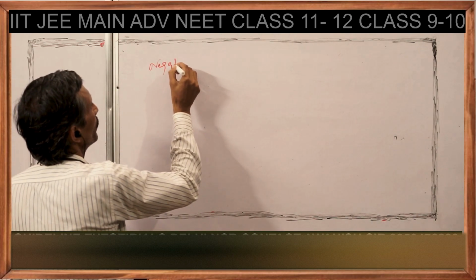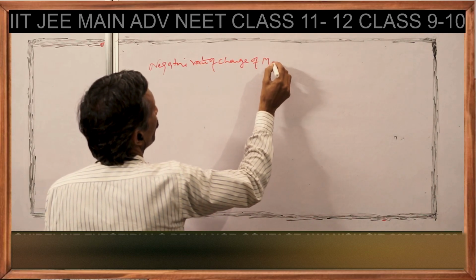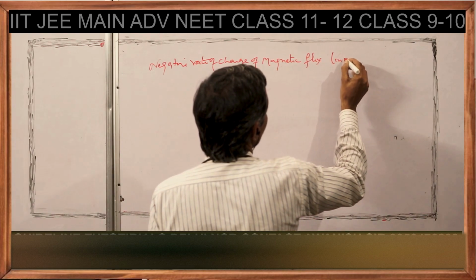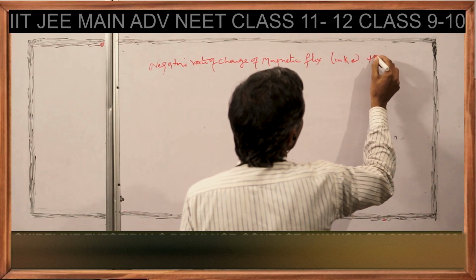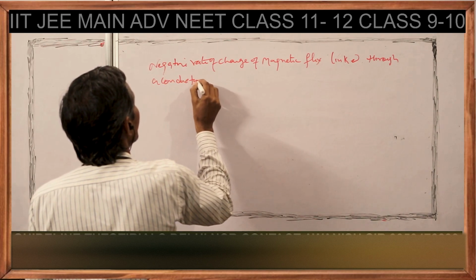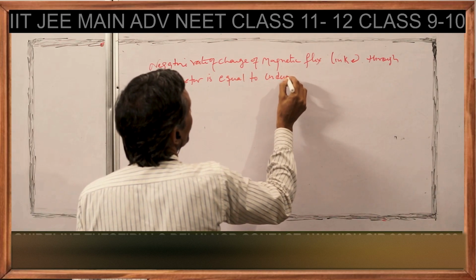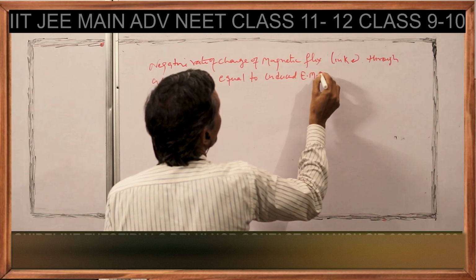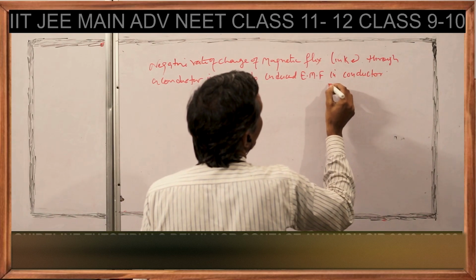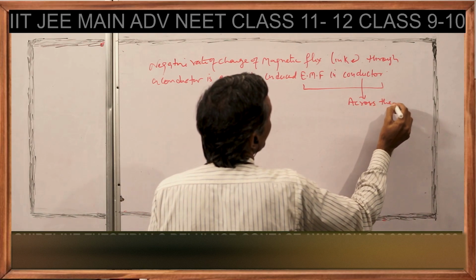Negative rate of change of magnetic flux linked through a conductor is equal to the induced EMF in the conductor. And the other word may be across the conductor.